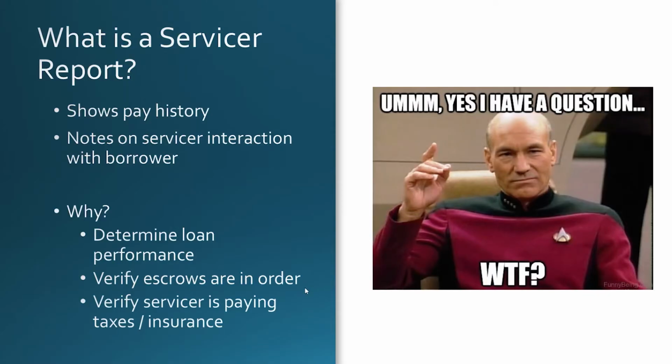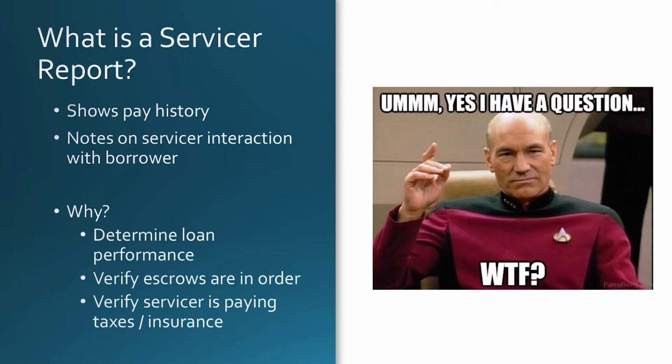So first of all, what is a servicer report and what are we looking for? Well, there are a couple different kinds of reports you can generally pull out of a loan servicer's portal. When you buy a loan, you get it boarded with a servicer. They're always going to have some kind of portal that you log into that you can look at all the information on your loans.